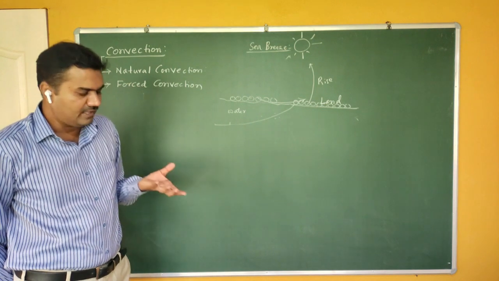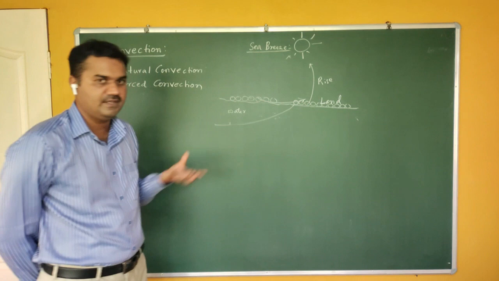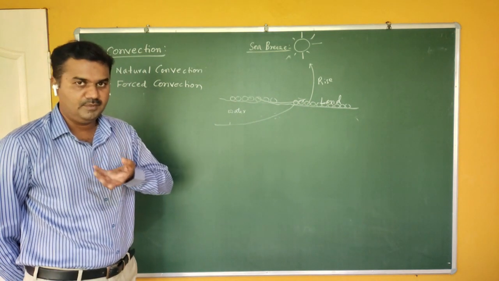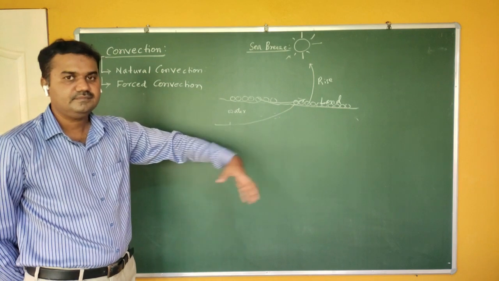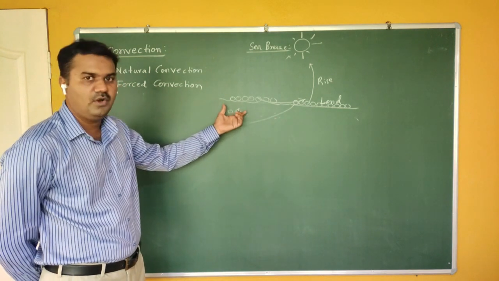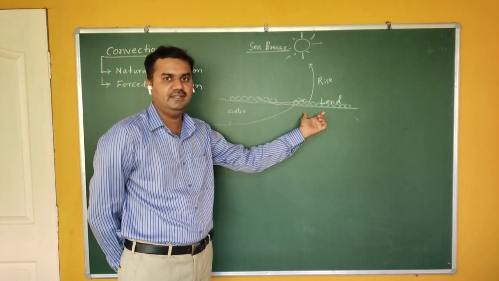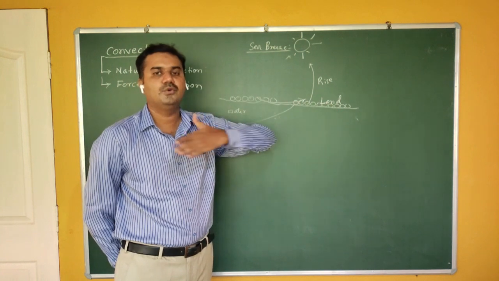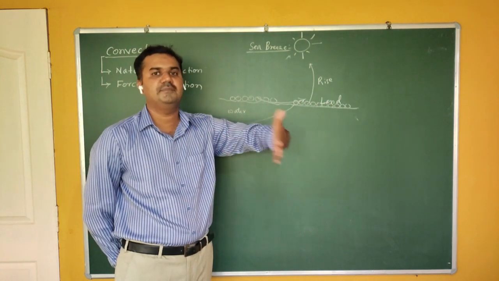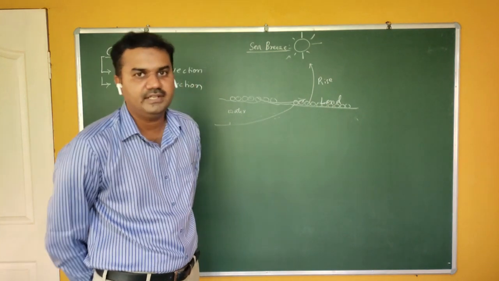This part is the cooler one, and this part is the hot one. Therefore, if you stand here, you suddenly feel a breeze. You're feeling cool air because these particles are coming from the water, and that water is cool compared to land. Are you getting me?